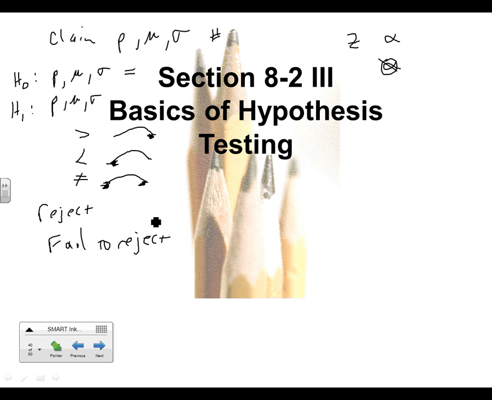Today, we're going to take our first steps in doing that. We're going to talk about the p-value of a test. We're going to talk about the conclusion of a test. And we're going to talk about z-scores. Okay? All very exciting, fun stuff.